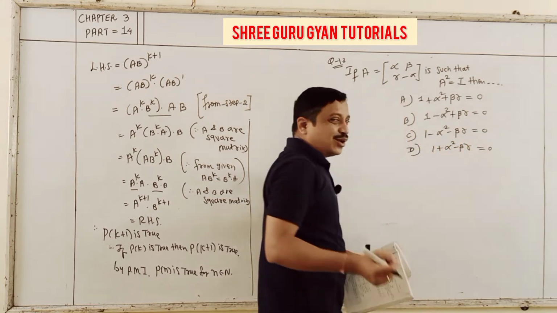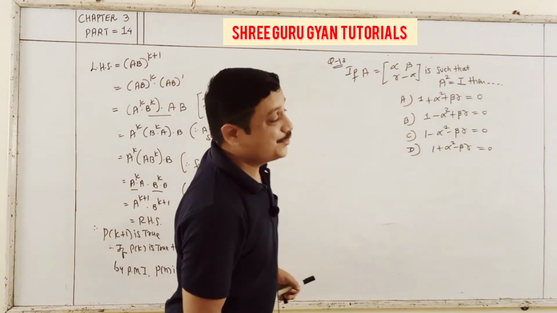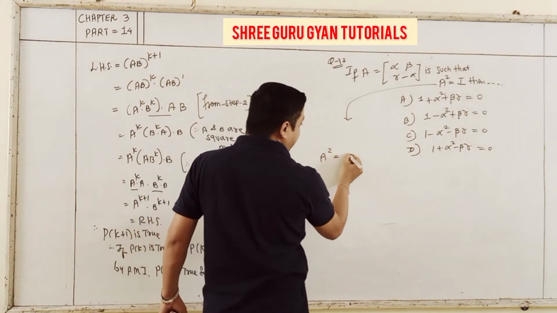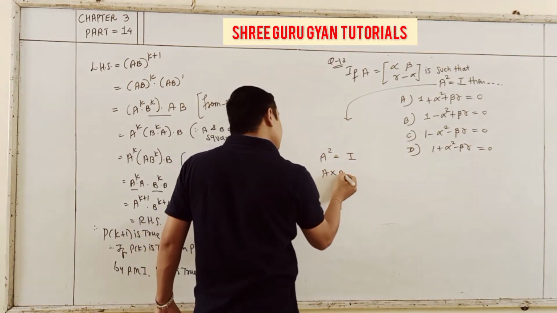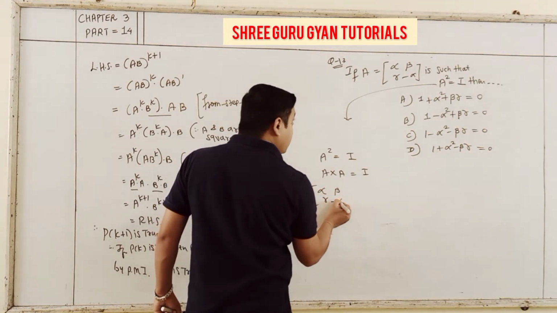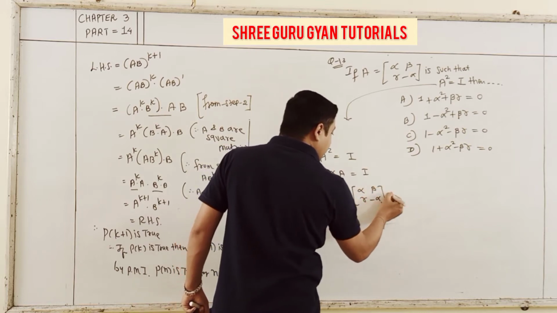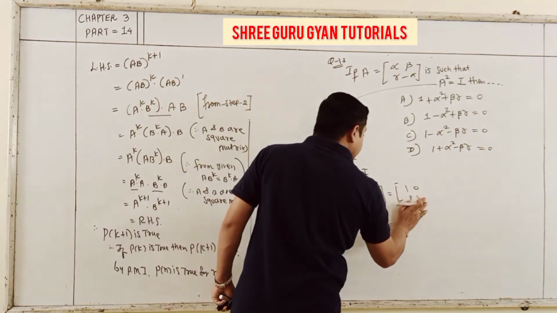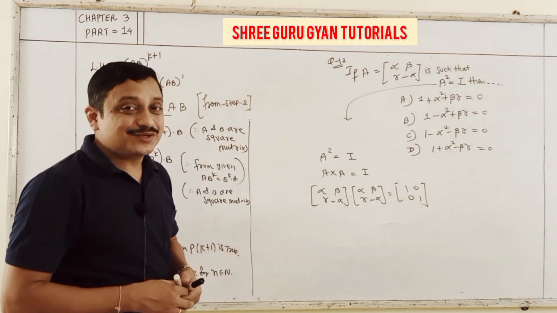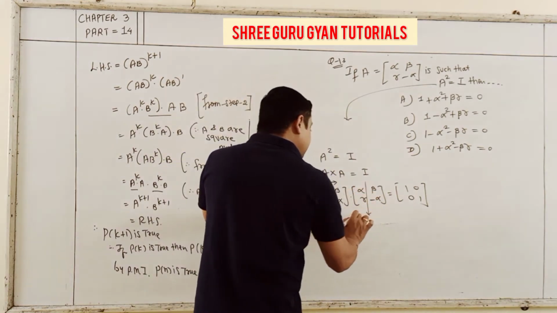So students, here I use A square is equal to I and apply A into A. It means A into A. A is known, alpha beta gamma minus alpha, same alpha beta gamma minus alpha, and I is also known, 1 0 0 1. Here students, I will do matrix multiplication, this versus that.